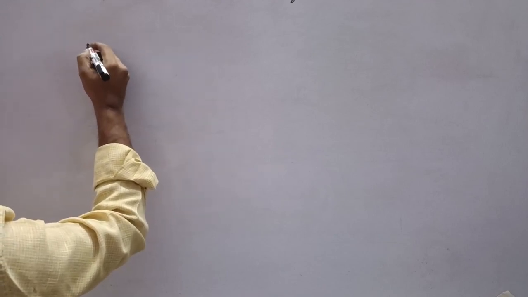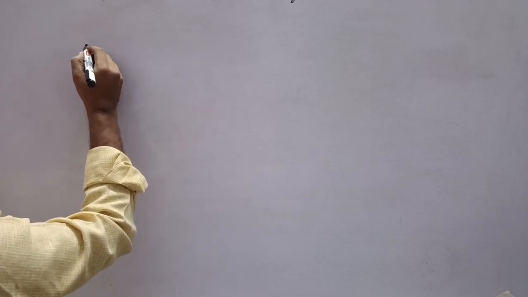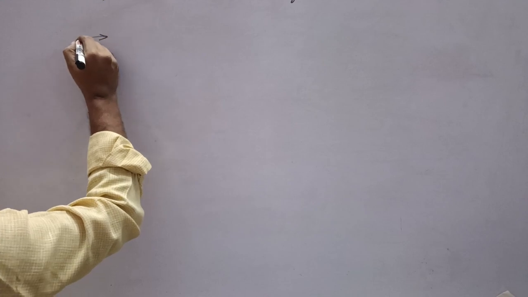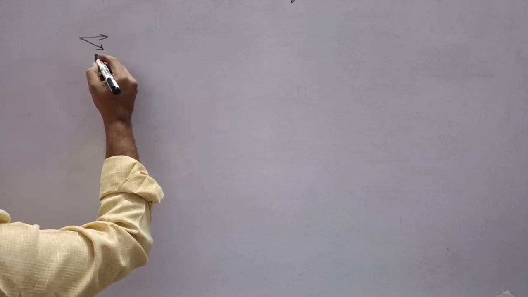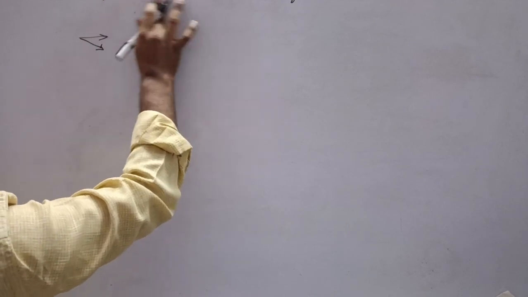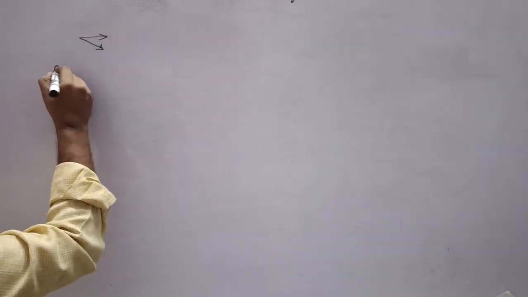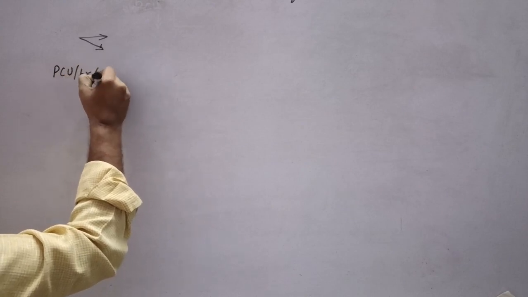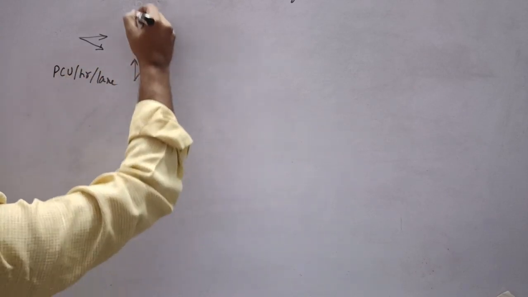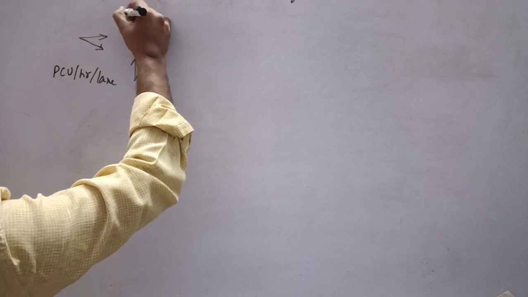So the data is given like this. There is free left and we have straight and right movements, and the data is given in PCU per hour per lane. So we have these movements.